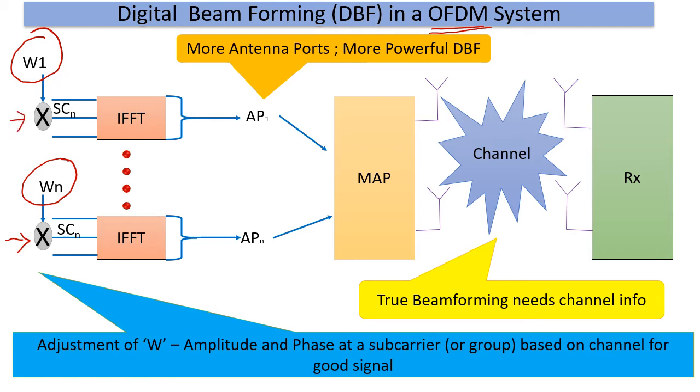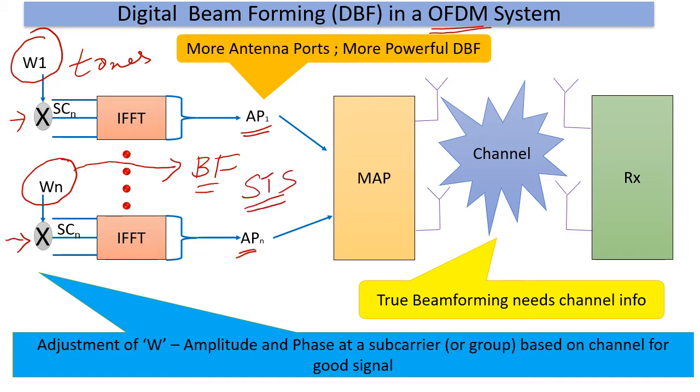Remember, subcarriers in OFDM systems are sometimes referred to as tones, sometimes resource elements, whatever they might be. They are going to be tweaked with a complex number, which is the guts of the digital beamforming implementation. And these are done differently at different antenna ports if you're looking at a 3GPP system, or you can look at it as space-time streams in the case of a Wi-Fi system.